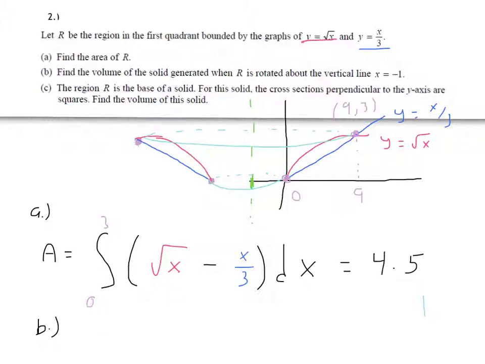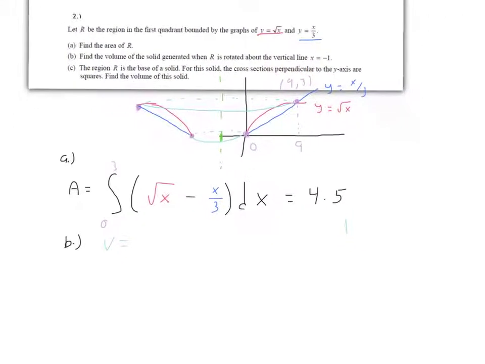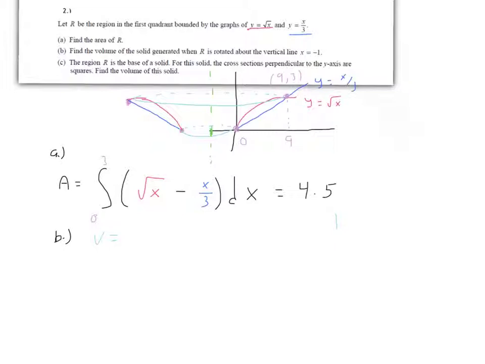The volume is going to be the definite integral from some endpoint to some endpoint, and then it will be pi, outer squared minus inner squared.